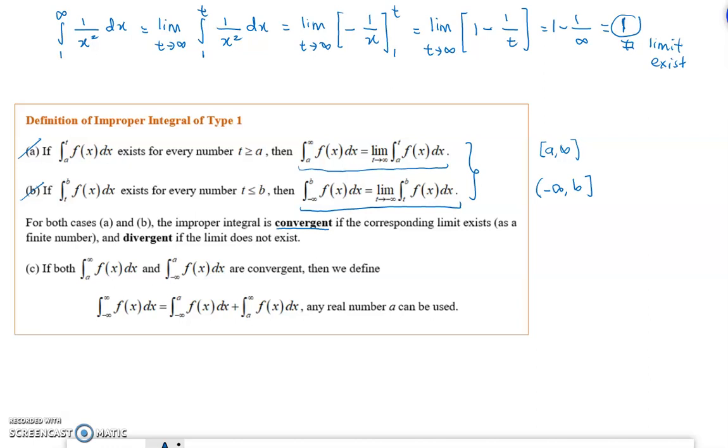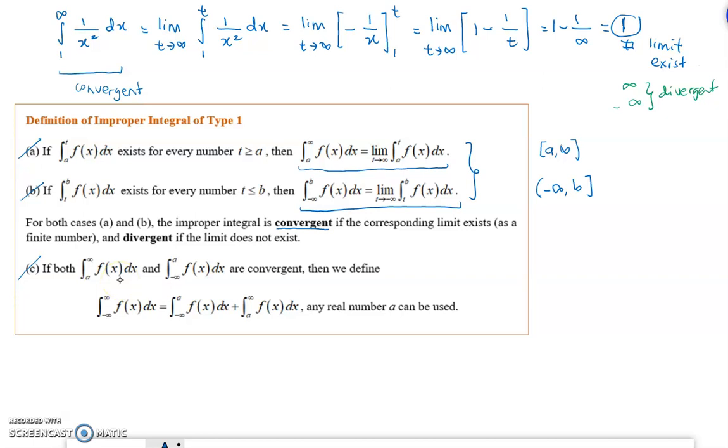We can say that the improper integral of 1 over x squared converges to the value of 1. But if the limit does not exist, the integral is divergent. So if the final answer of your function is infinity or negative infinity, this means that the integral is divergent.